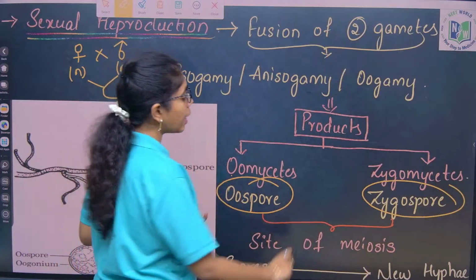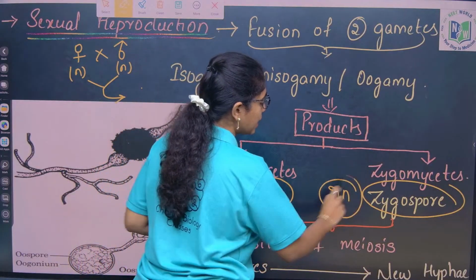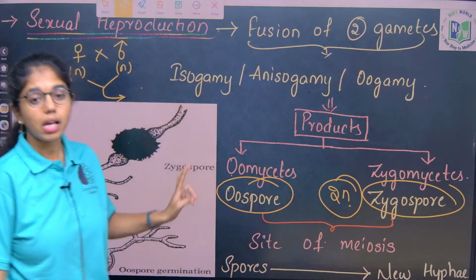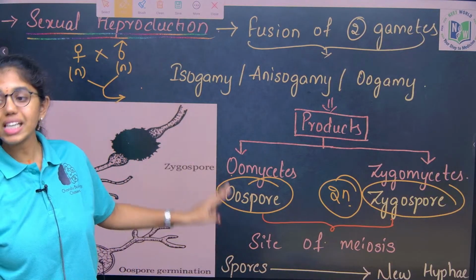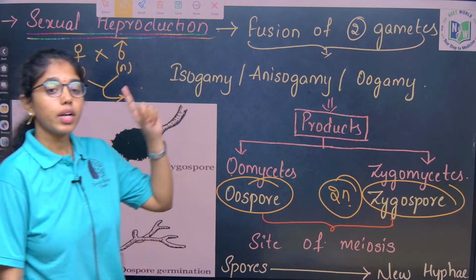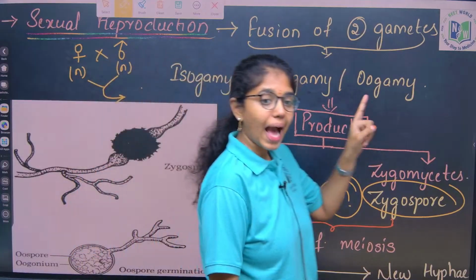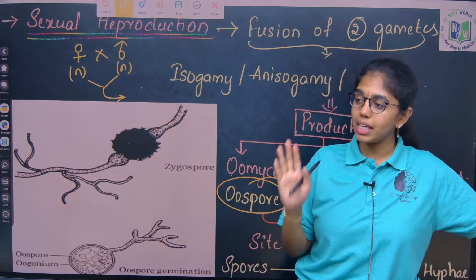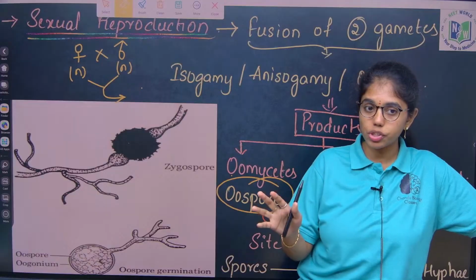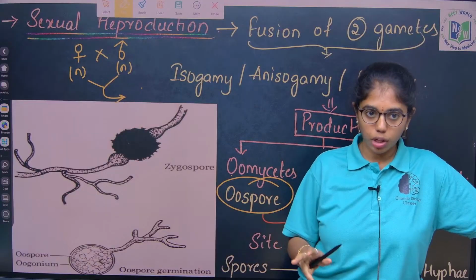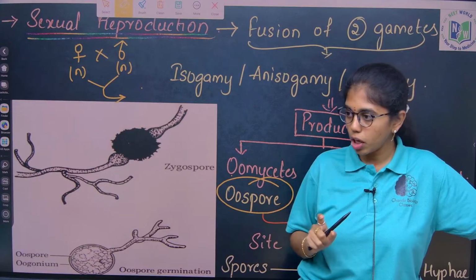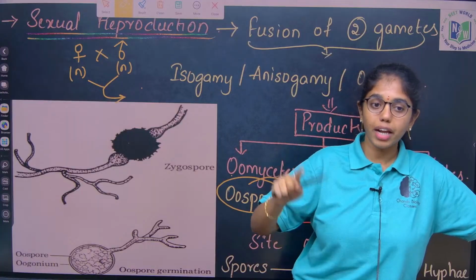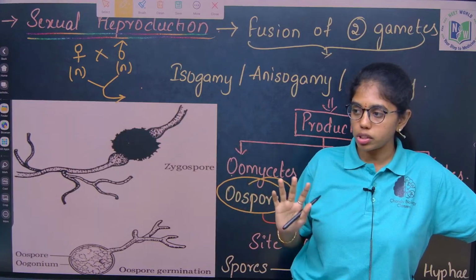These are diploid, and this is the region where meiosis happens. Meiosis is of what type? Zygotic meiosis. When you look into the plant kingdom, algae have zygotic meiosis, whereas in Bryophytes, Pteridophytes, Gymnosperms and Angiosperms, sporic meiosis will occur.